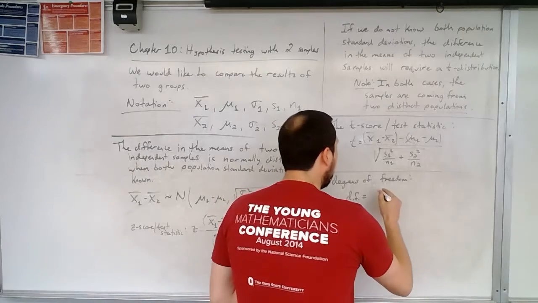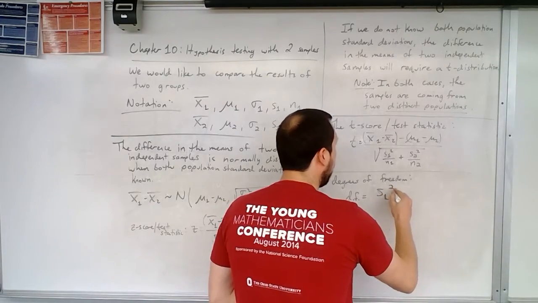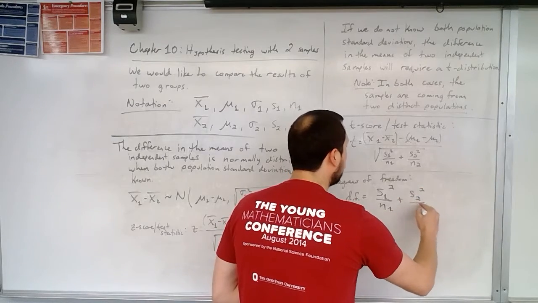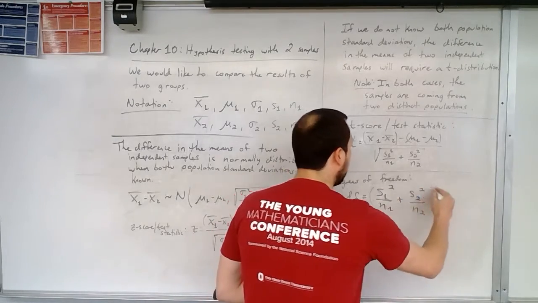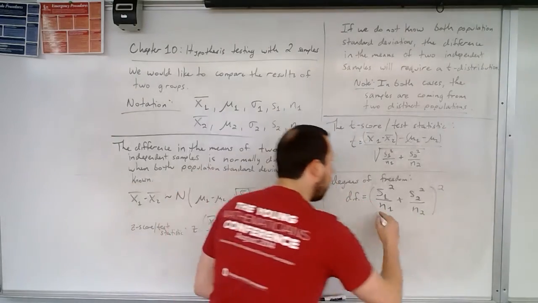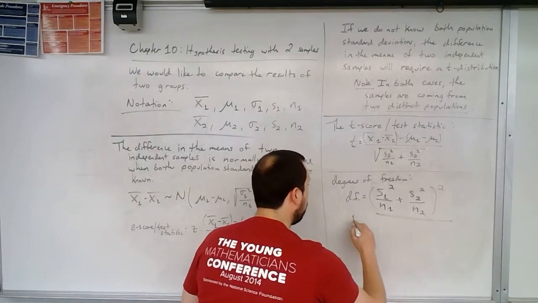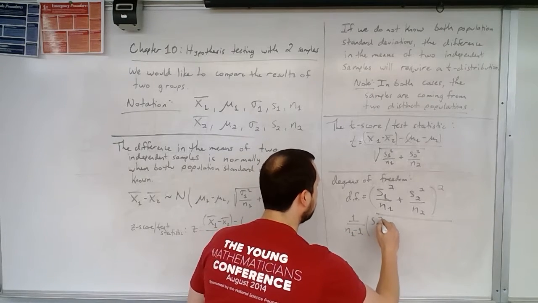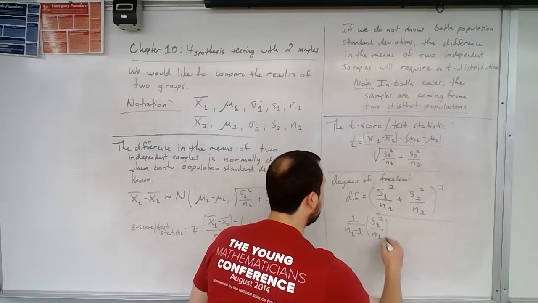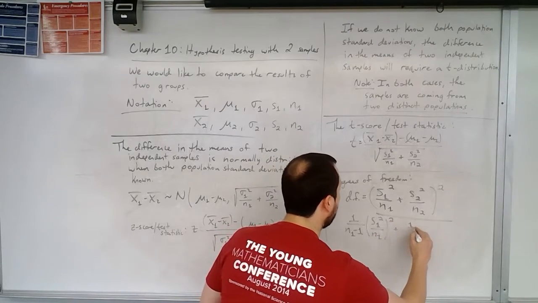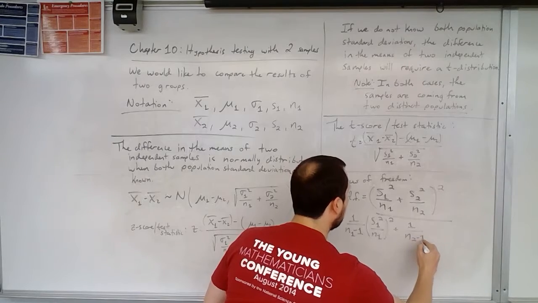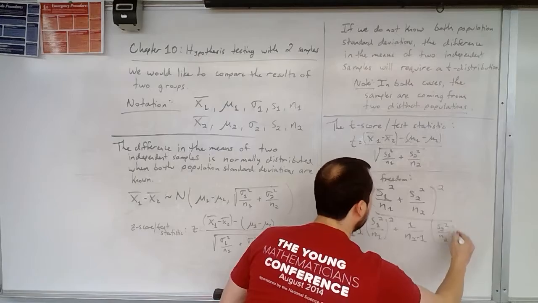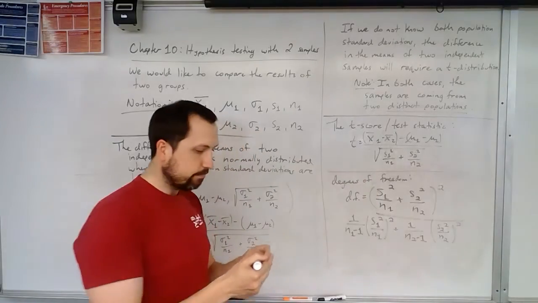It is going to be (s sub 1 squared divided by n sub 1 plus s sub 2 squared divided by n sub 2) quantity squared, all of that divided by 1 over n sub 1 minus 1 times (s sub 1 squared divided by n sub 1) quantity squared, plus 1 over n sub 2 minus 1 times (s sub 2 squared divided by n sub 2) quantity squared.